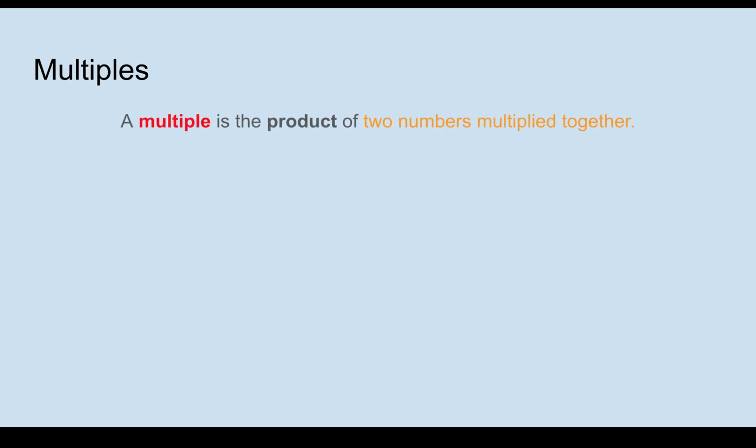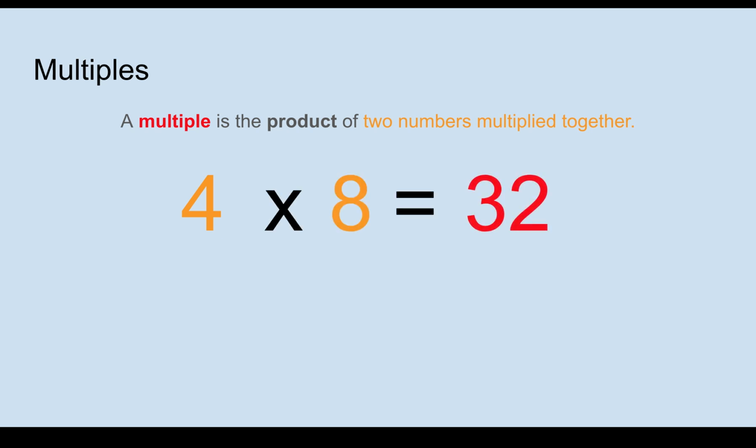So a multiple is the product of two numbers multiplied together. I've got an equation here, and it is 4 times 8 equals 32. Now 4 times 8, those are two numbers that have been multiplied together, and the product of that is 32. Therefore 32 is our multiple, and 4 times 8 are the two numbers that have been multiplied together.